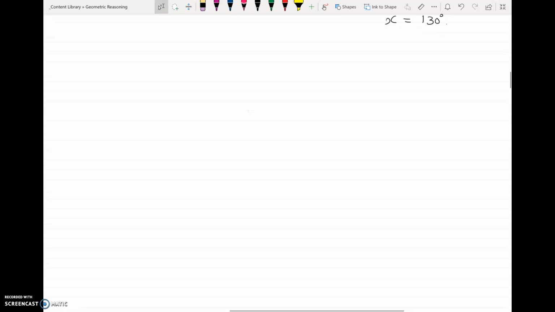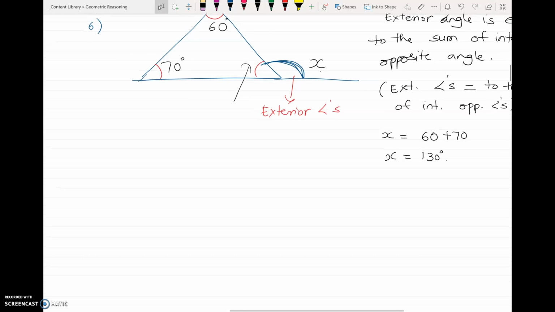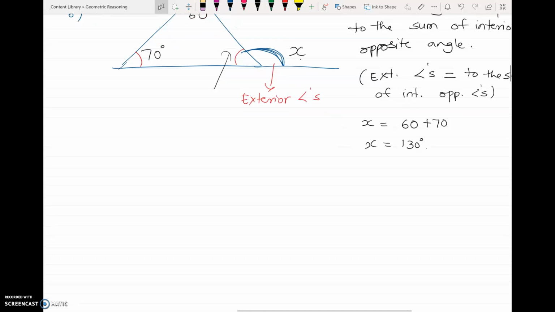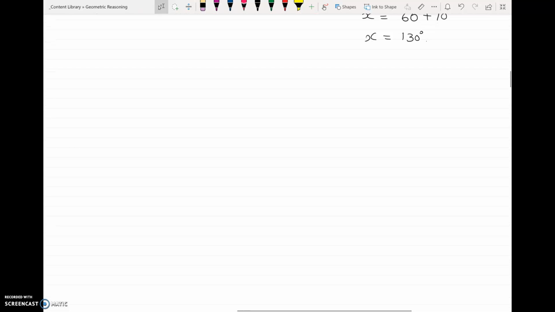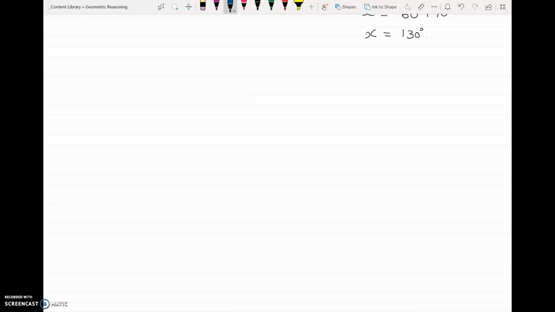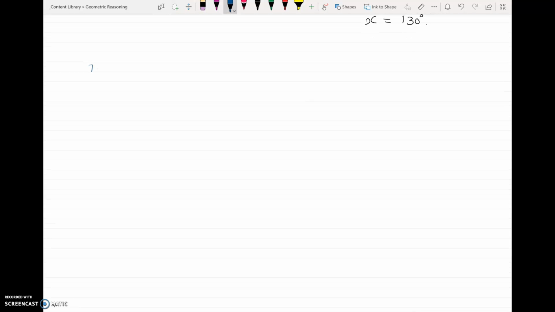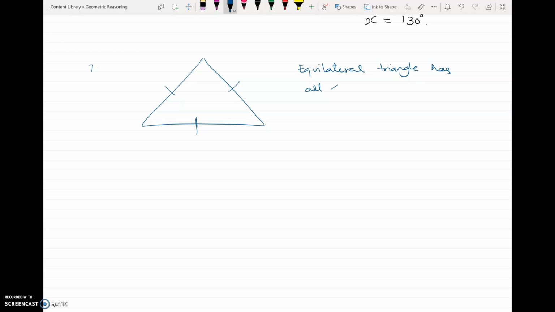Now you can stop the video and take down notes, and that will help you. And let's look at the 7th example here. So in this triangle, I've put all the lines here, which means this is an equilateral triangle. Equilateral triangle has all sides equal.